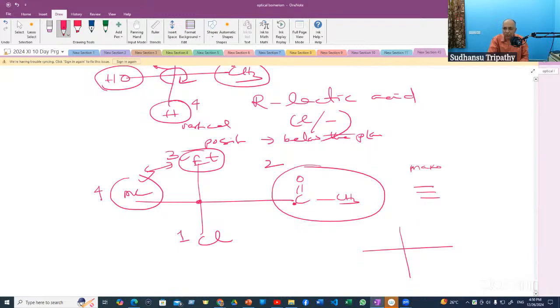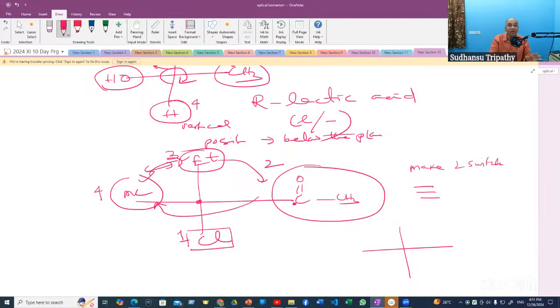That is equivalent to keeping one group static, fixed, and making a sequential rotation of the other 3 groups, like a merry-go-round, what we play, musical chair or whatever. This will go here, this will go here, this will go here.